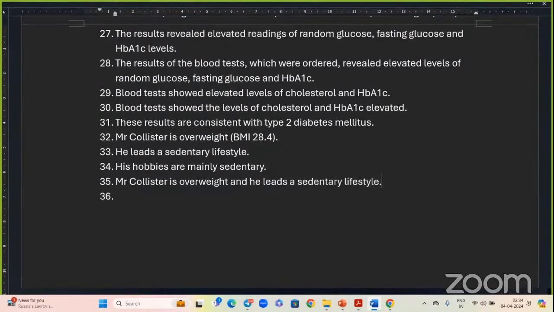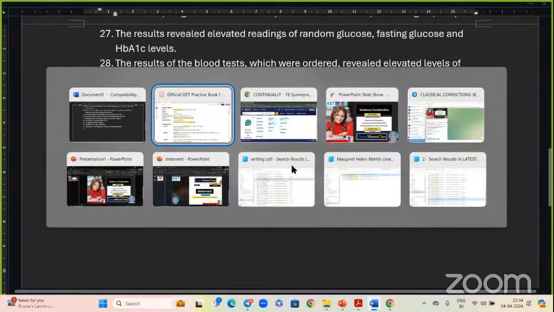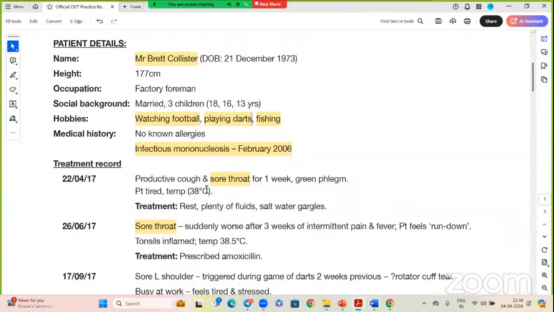So like that, you are joining these two sentences into one particular sentence. Next one, 36.